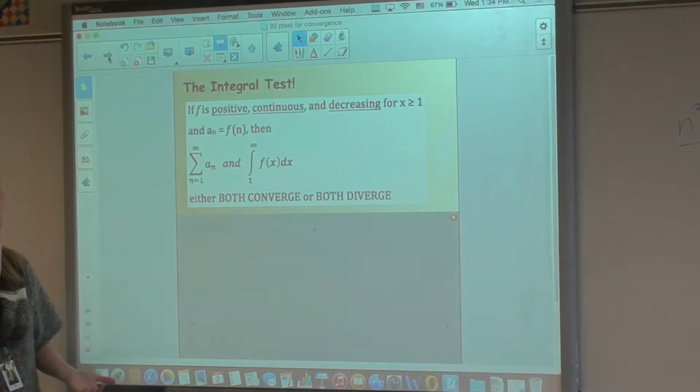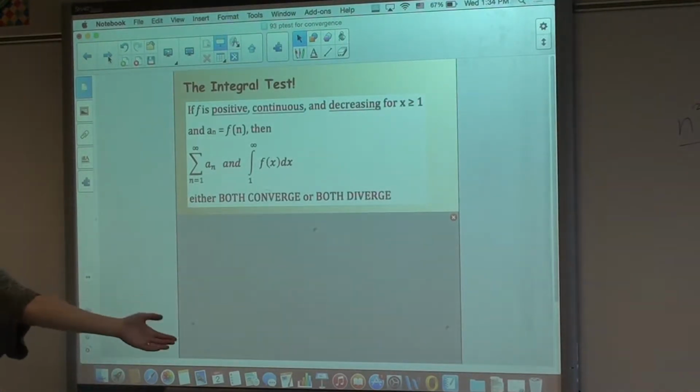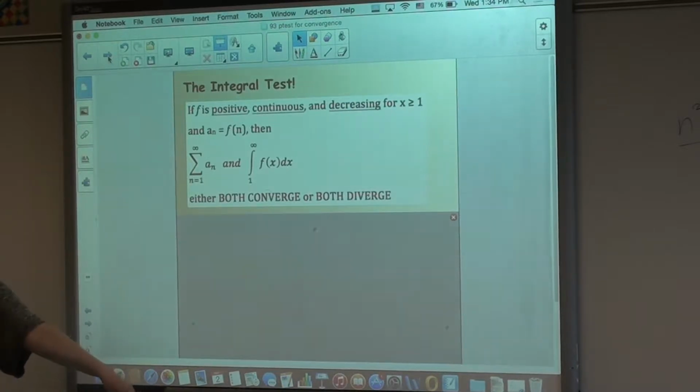If for all n greater than or equal to 1, the function is positive, continuous, and decreasing, then if the integral of the function converges, the series converges. If the integral diverges, the series diverges.